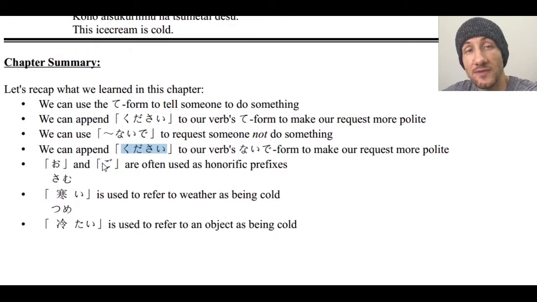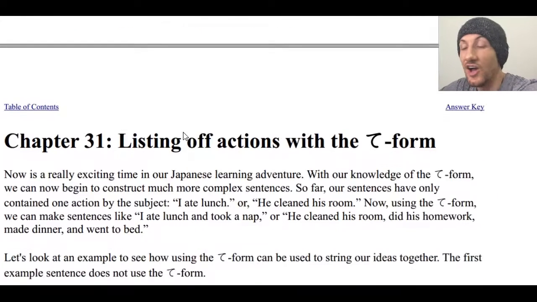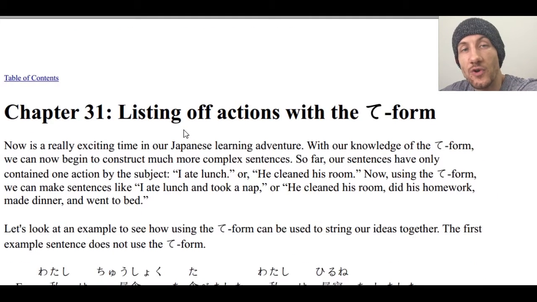O and go are sometimes used as honorific prefixes, like 名前, for example, お名前. And we also learned that 寒い is used to refer to the weather as being cold, and 冷たい is used to refer to an object being cold. So it's very easy to confuse. So don't say that your ice cream is 寒い. It's 冷たい.